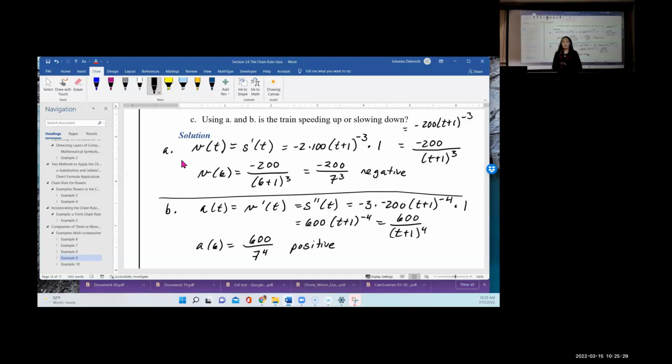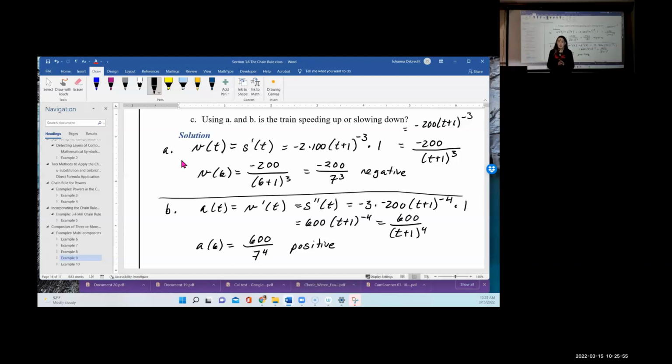Now on your homework for 3-4, 3-5, maybe it was 3-5, I can't remember which, one of those, you're asked to determine whether something is speeding up or slowing down. One of the ways we discussed finding out whether something's speeding up or slowing down is by looking at the sign of the velocity and the sign of the acceleration. If they're both the same sign, it's speeding up.